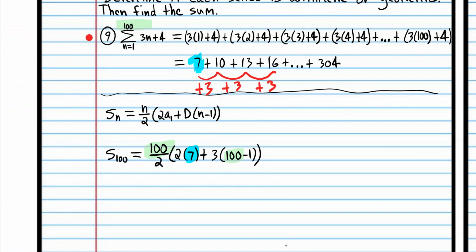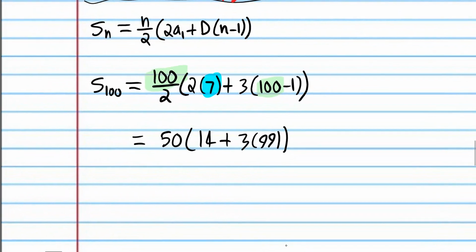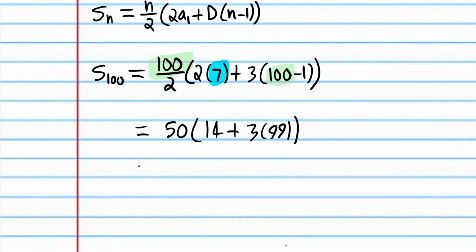So now all we have to do is calculate. So we have the following expression. And 3 times 99 is 297. And 297 plus 14 is 311.